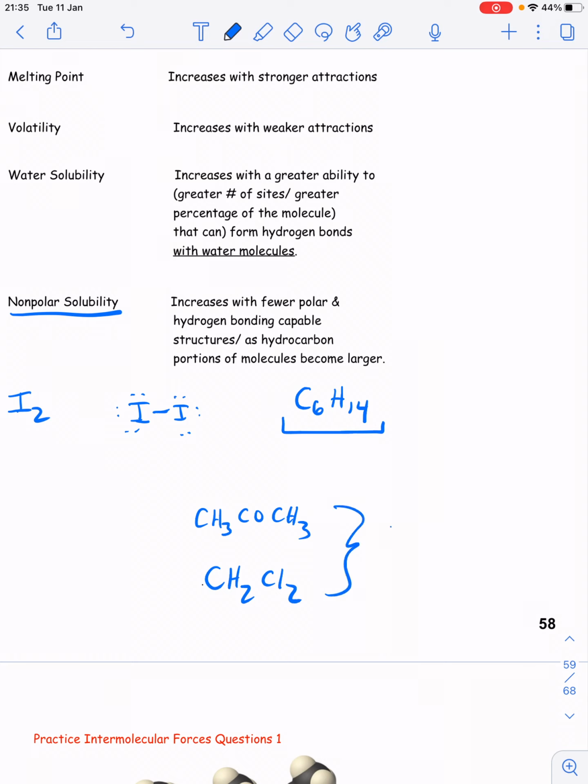These are slightly polar, and so they're sort of in between. They're good at dissolving things that are also slightly polar, as opposed to being really, really nonpolar, like hexane, or being highly polar, like water or water-soluble compounds, things with hydrogen bonding capability, or things that are ions.